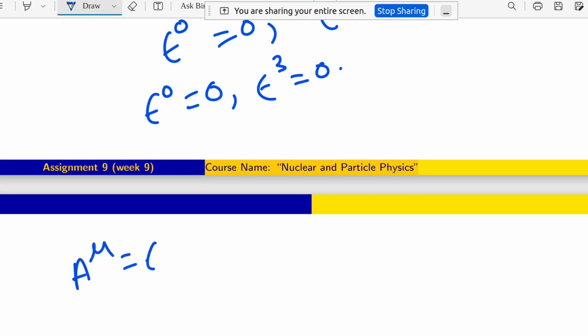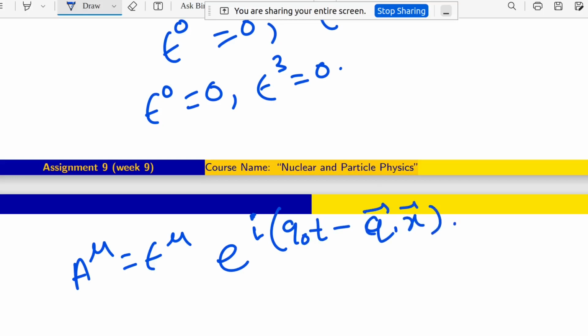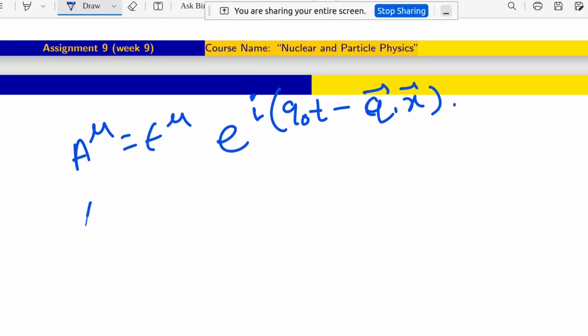From that condition I can already write that A0 is 0. Now coming to the 1, 2, 3 condition, we already knew that A3 is 0, but we have to calculate A1 and A2.